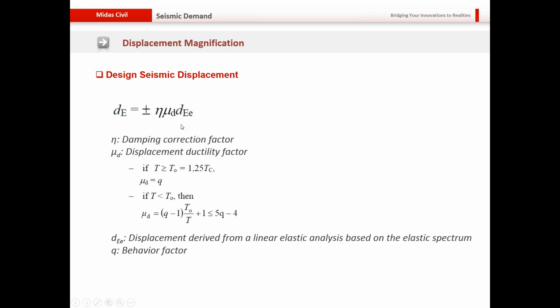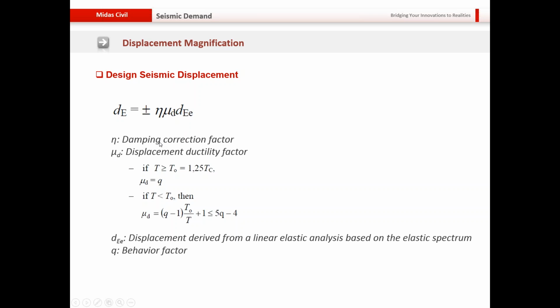In the Eurocode, in order to determine the demand displacement from the analysis results, which is specified as d_E here, we also need to obtain the eta value and the mu_d value.